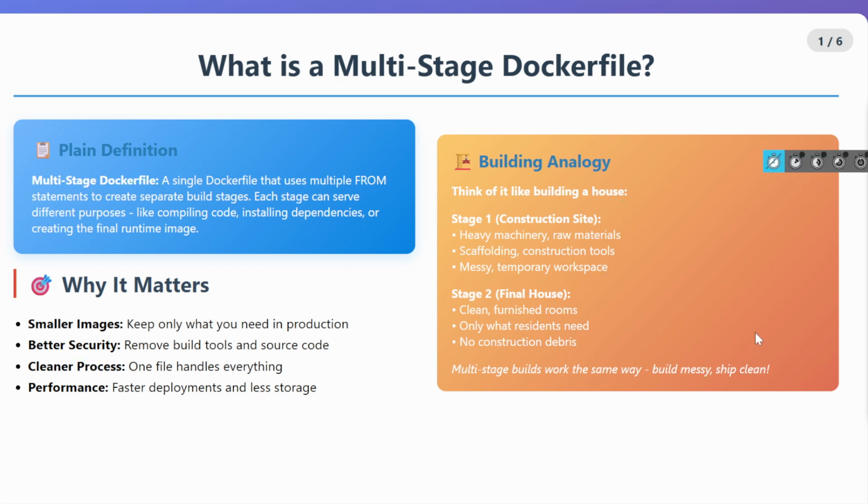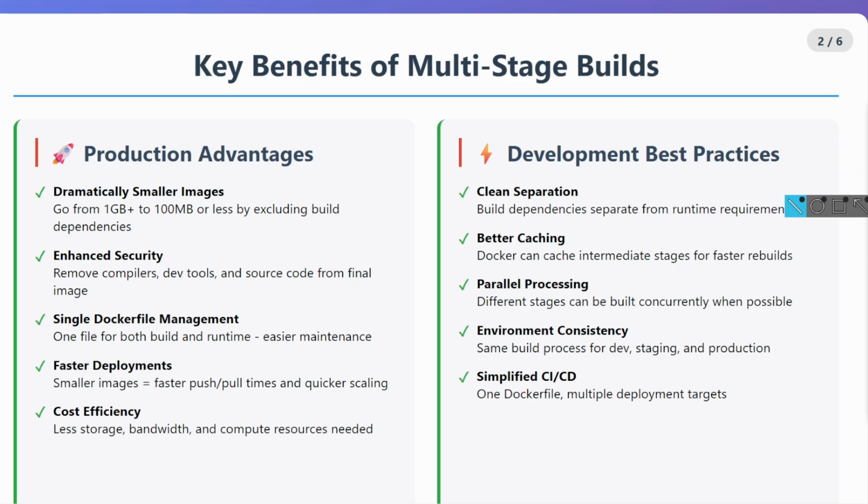Moving to the next slide, we are going to discuss the benefits of multi-stage builds. Among the production advantages, there are dramatically smaller images. We can go from 1 GB plus image size to 100 MB or less by excluding the build dependencies.